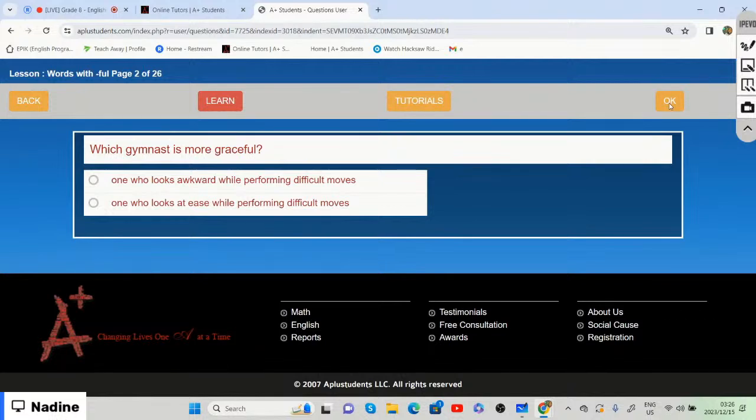And which gymnast is more graceful? So graceful, full of grace. Is it one who looks awkward while performing difficult moves? Or one who looks at ease while performing difficult moves?